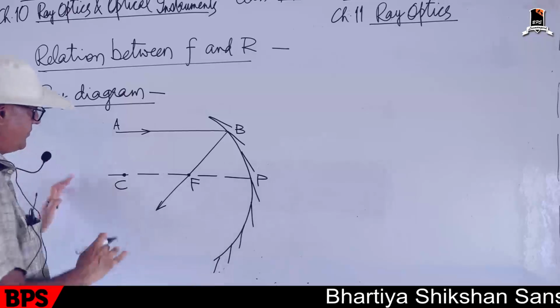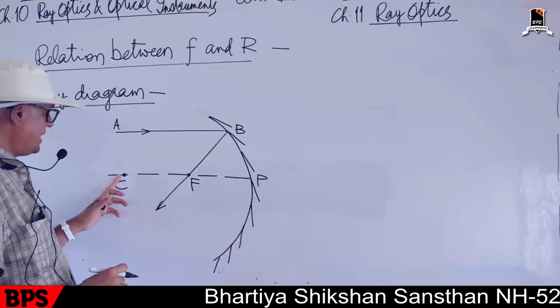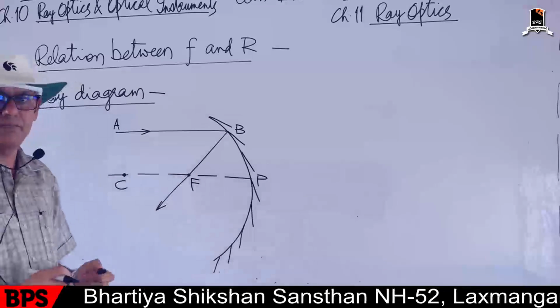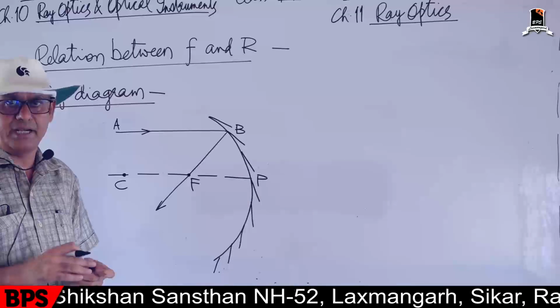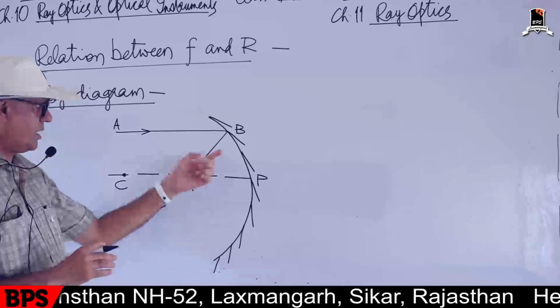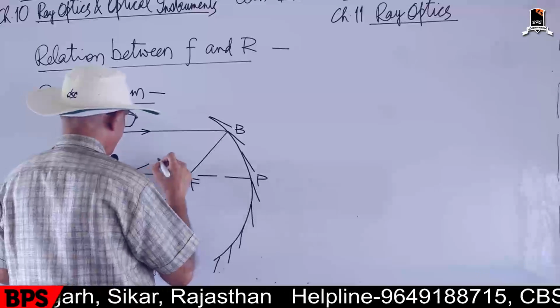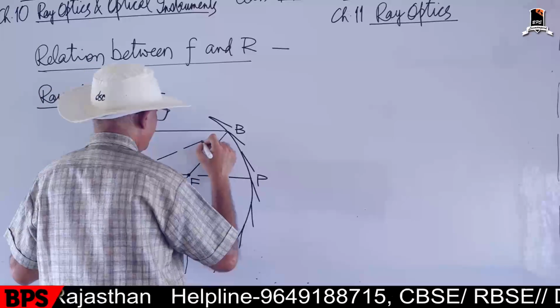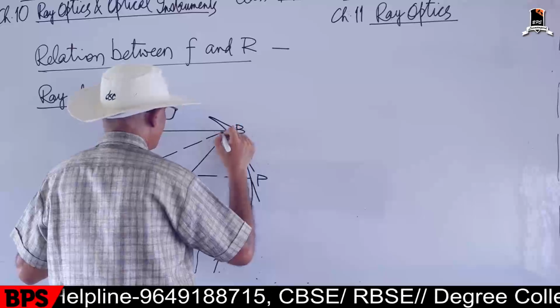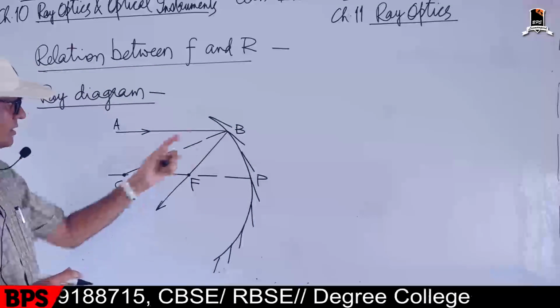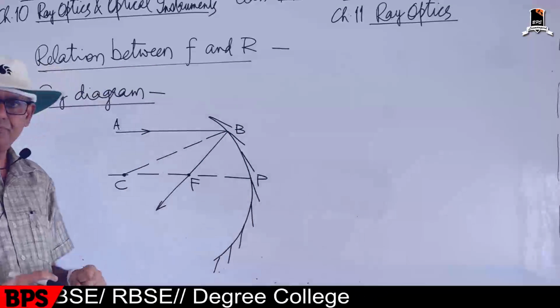If you join the center of curvature and point B, then we'll get the radial direction. Normal on the mirror means this line CB is normal on the mirror at point B.